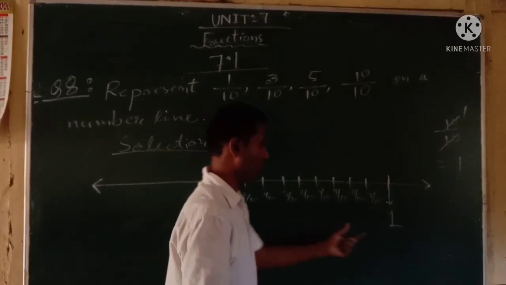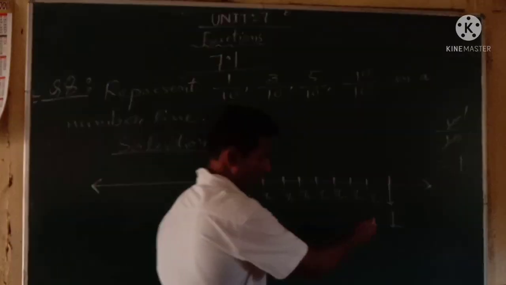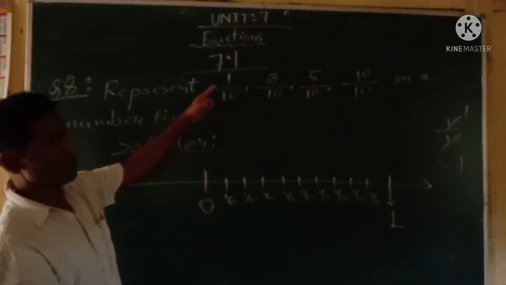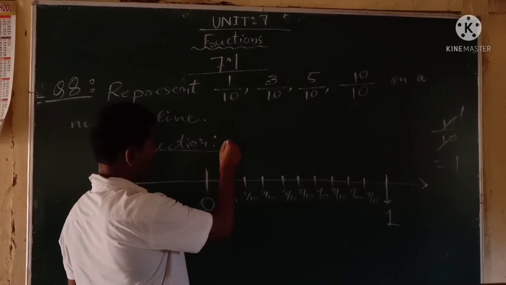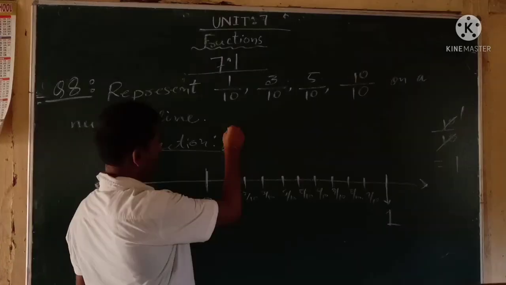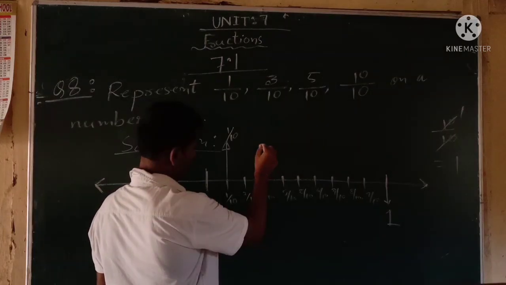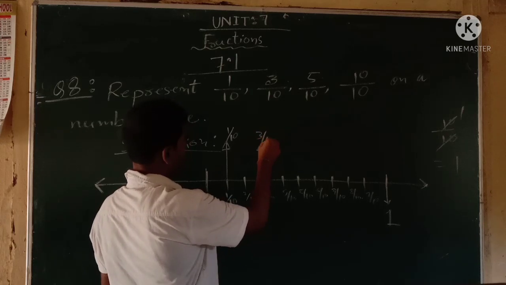So 0 to 1 is 1 unit, and this unit has been divided into 10 equal parts. Now our first question is 1 out of 10. So this will be 1 out of 10, 1 by 10. Next, 3 by 10. So this will be 3 by 10.